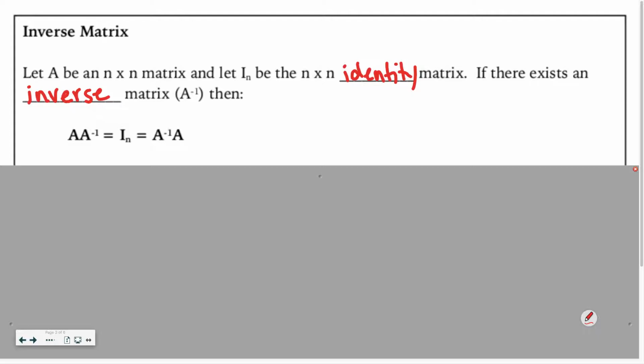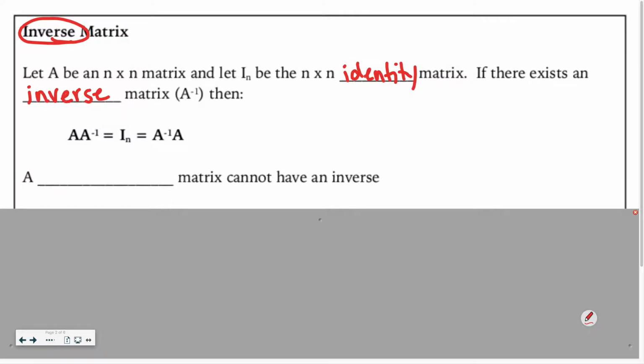It's sort of like taking 2 times 1/2 and 5/2 times 2/5. When you multiply those two, we end up with 1. It's because we're multiplying those reciprocals. It's that same sort of thing. A matrix times its inverse multiplies to be our identity matrix. Now, we are going to focus on inverse matrices. I need to point out that if we have a non-square matrix, it cannot have an inverse.